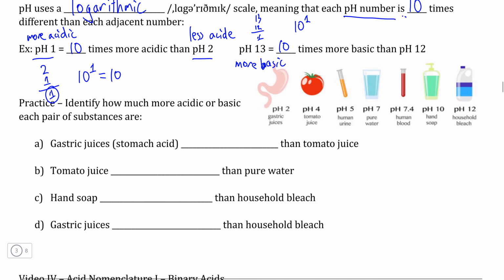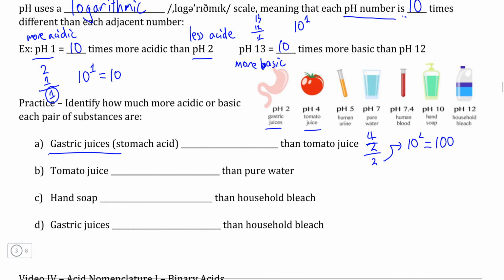This gets a little bit more complicated when we have non-adjacent pH values. If we compare stomach acid, which has a pH of 2, and tomato juice, which has a pH of 4, we can do 4 minus 2, which is 2, and because each pH value is a factor of 10 different than the adjacent value, 10 to the exponent 2 is 100.